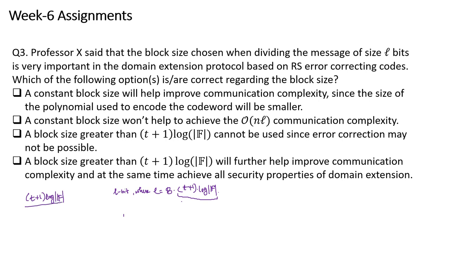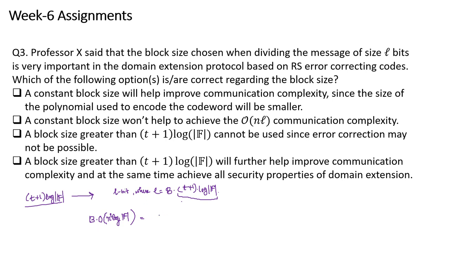Also, if you remember, when we upgraded from a warm-up protocol to a protocol supporting any arbitrary L bit length, we concluded that running B instances of the warm-up protocol will give us a protocol for any arbitrary length bits. So there this formula came to play, B into order of n square log f.